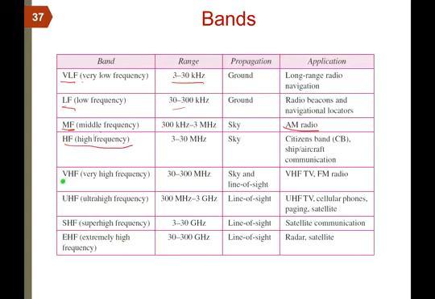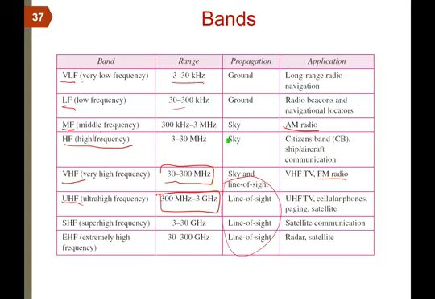We have the VHF, which is used in FM radio, 30 to 300 megahertz. We have the UHF used in TV. We have the super high frequency. Of course, they are all, you see here, you need line of sight.